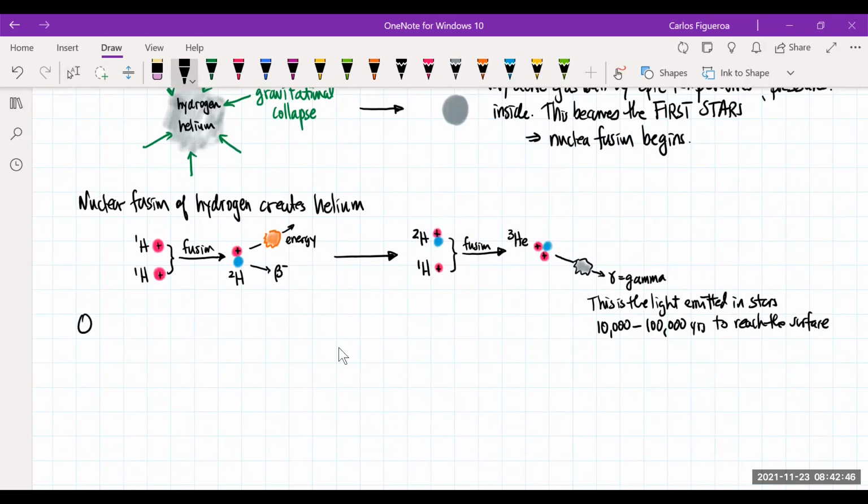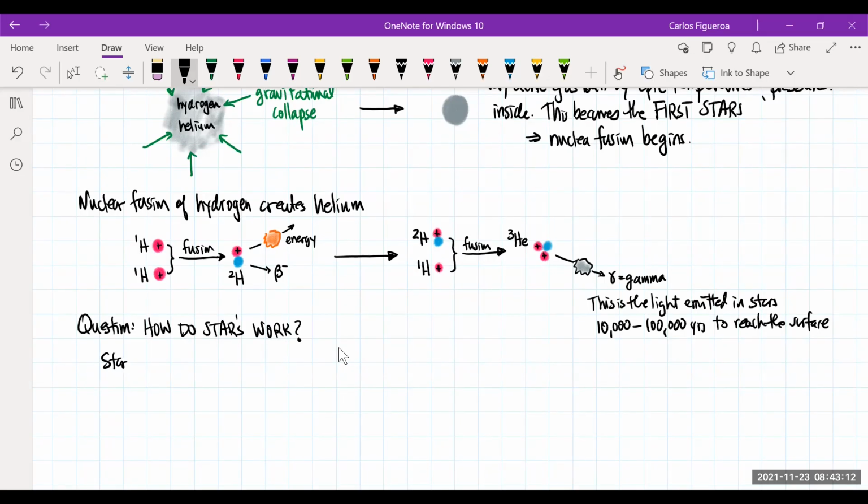So we want to ask this question here. Now I have this nuclear fusion process. The question is, how do stars work?